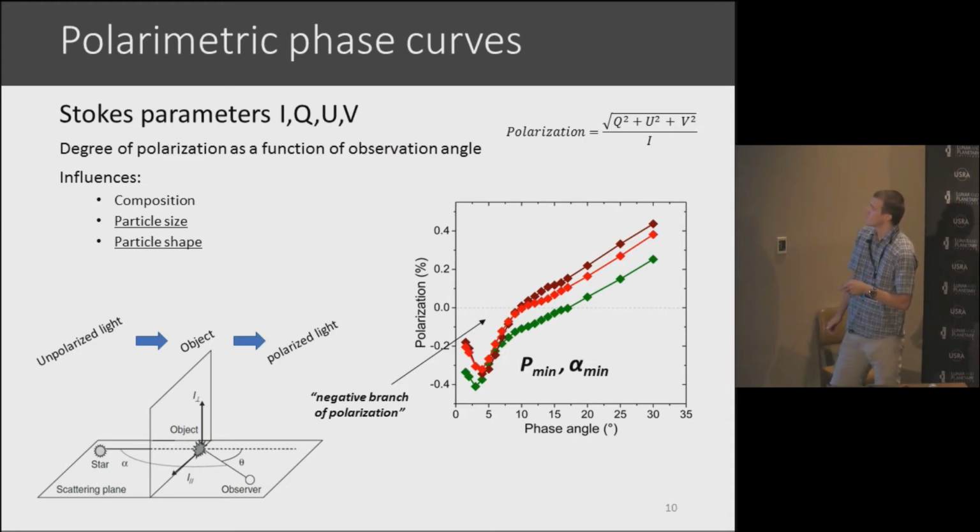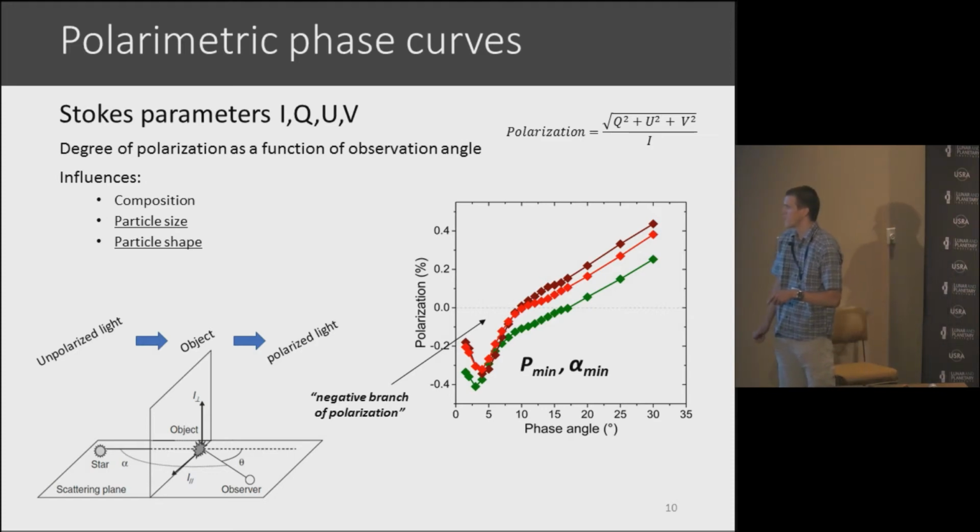Polarimeter data is like the opposite. This one is really sensitive to particle shape and size, not as much to composition. In polarization, we have unpolarized light from the sun hitting an object and then analyzing the polarized light from this source.